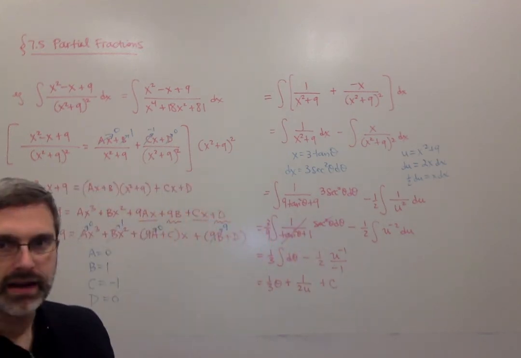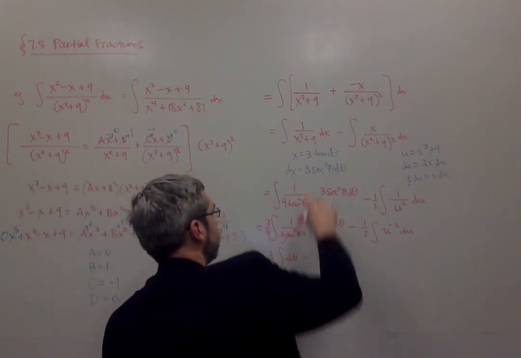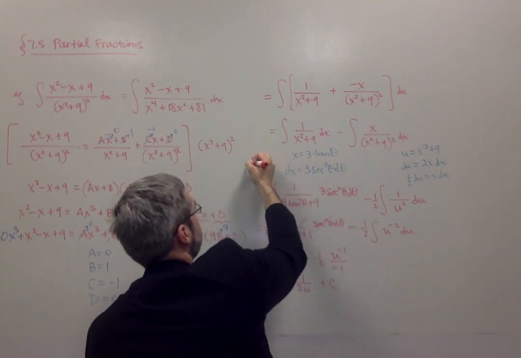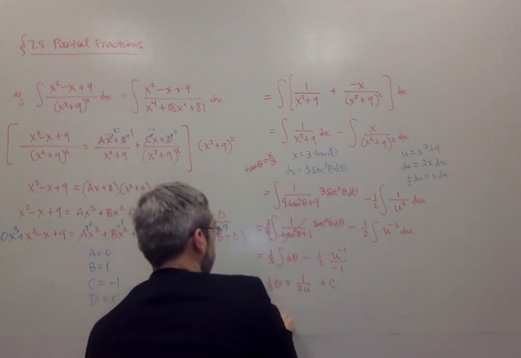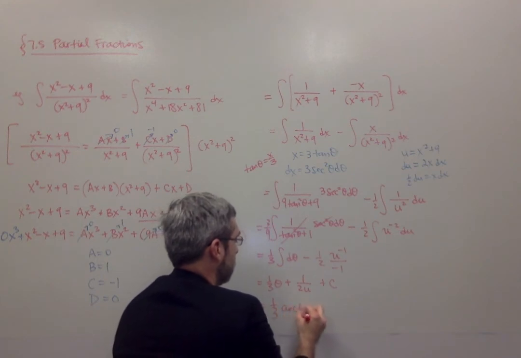And now all I've got to do is go back to my original, everything has to now be in x's. So for the theta part, you'll notice that tangent theta is x over 3, so theta is arctangent of x over 3.